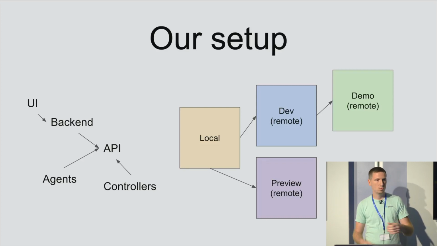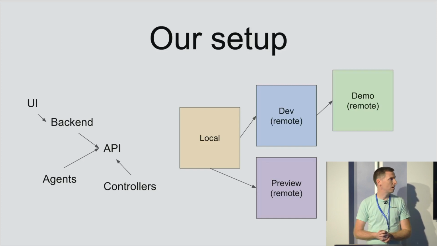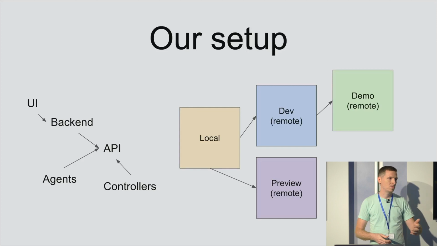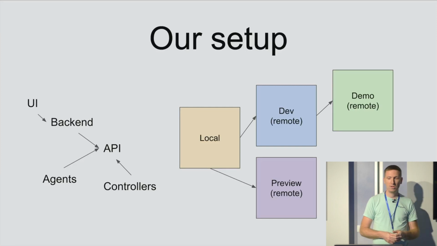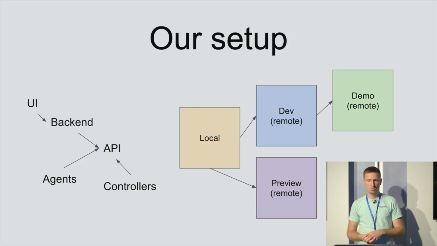But be able to integrate on a remote cluster, to be able to see whether the thing works in the cloud, not just on our machine, and then to be able to take a step even further to deploy the whole thing on a demo environment.